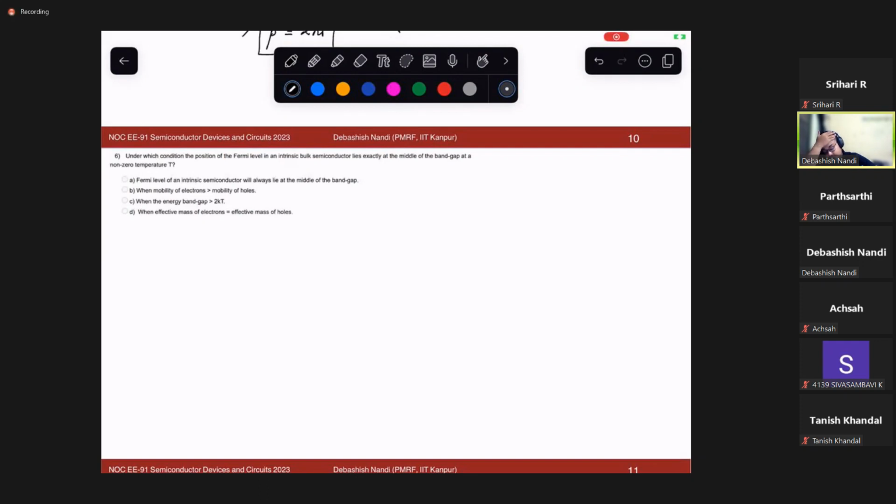So going to problem number 6. Under which condition the position of Fermi level in the intrinsic bulk semiconductor lies exactly at the middle of the band gap at a non-zero temperature? So what is the condition? By the way, I think you all know this, but I want to show you the proof very briefly. You see your Ni has an expression of this, right? And also you have an expression of this, with minus Ec minus Ei by Kt.